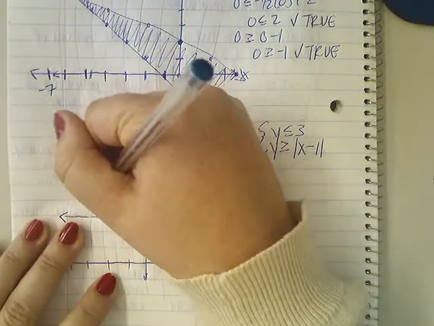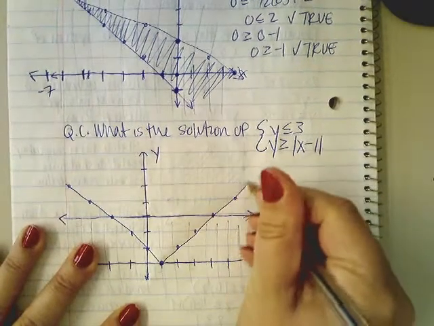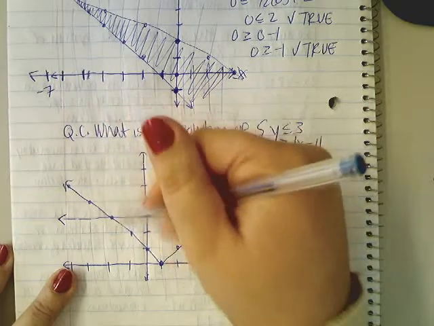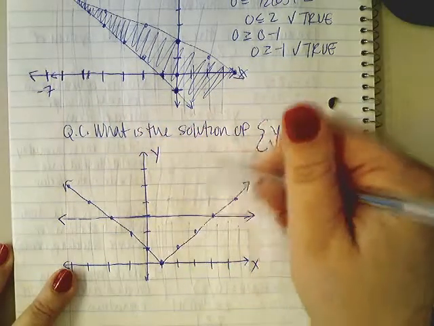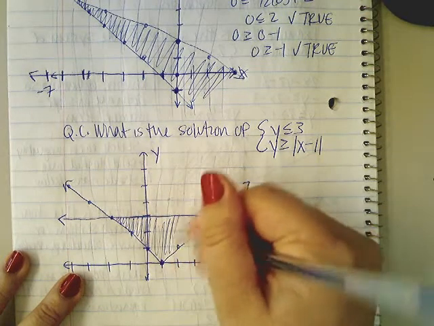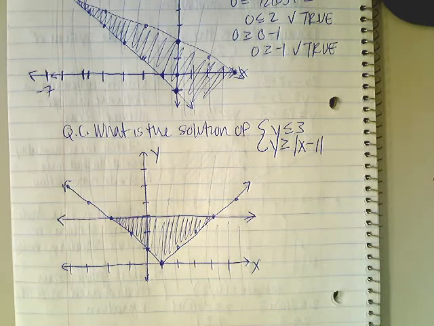Again, it's a solid line because it has the equals to component. So I graph it like this, and this time since it's greater than, I'm shading up. I'm doing that lightly, but you should notice that the overlapping section is going to be this triangle in here. So that will be my solution to my graph.